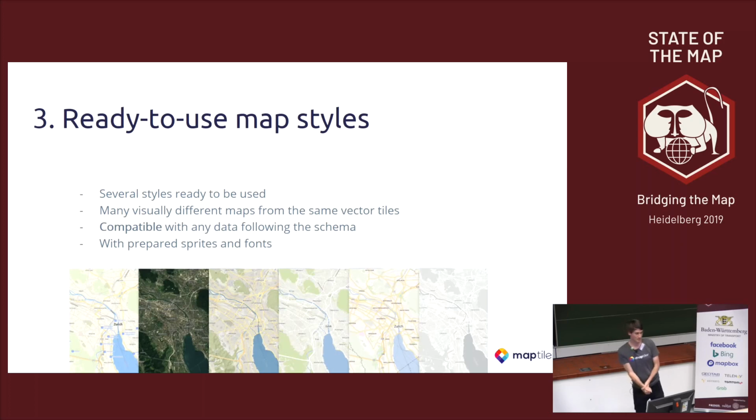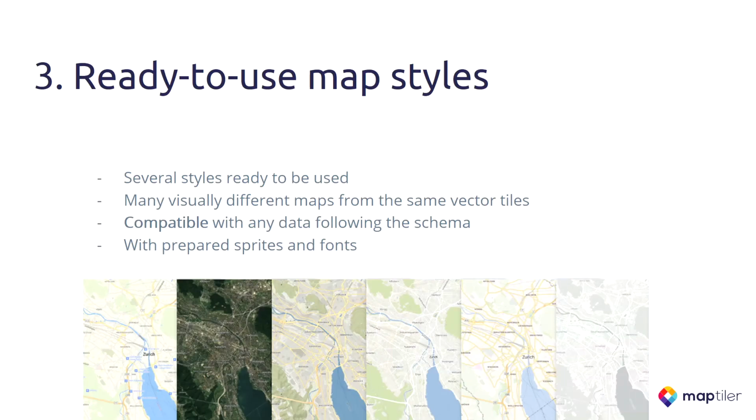And now you have the tiles. So the last step, how to transform those tiles into the real maps, is you need to apply some kind of style. There are several of them. They are also available on GitHub, so you can use them for the maps generated from OpenStreetMap, but also for your own data, in case you stay compatible with the schema.